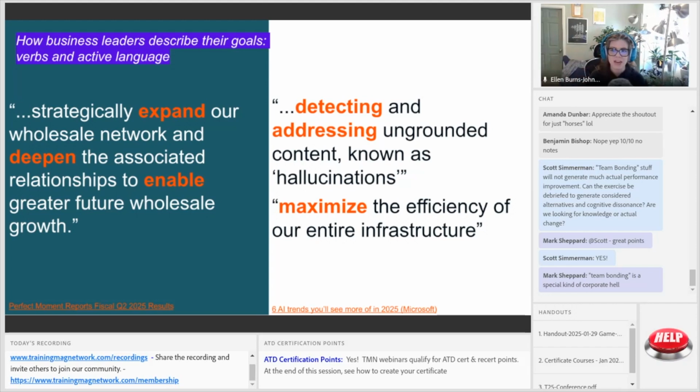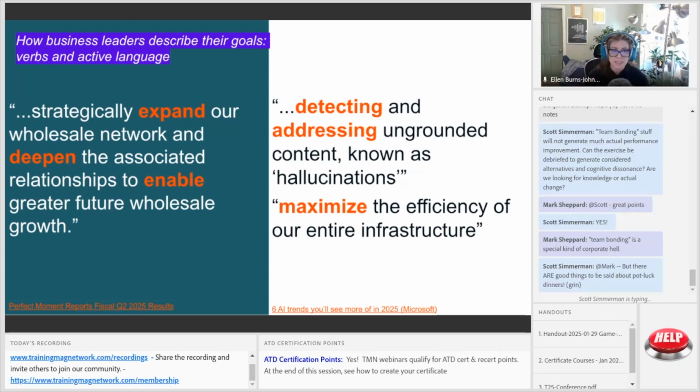You can find this language anywhere. And these are business executives of large organizations, right? So I think I pulled one from Perfect Moment. They're a luxury clothing brand company. I can't speak to them very much in detail, and that's not really the point. The one on the right here is right from Microsoft, right? And this is Microsoft leadership talking about what they're aiming to do with their business in 2025.